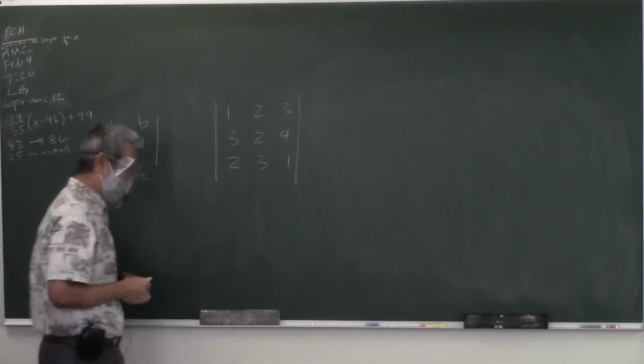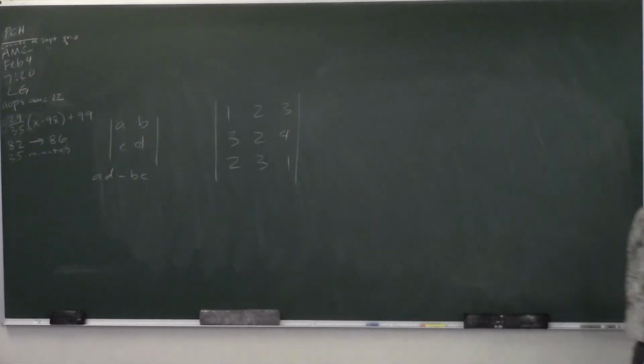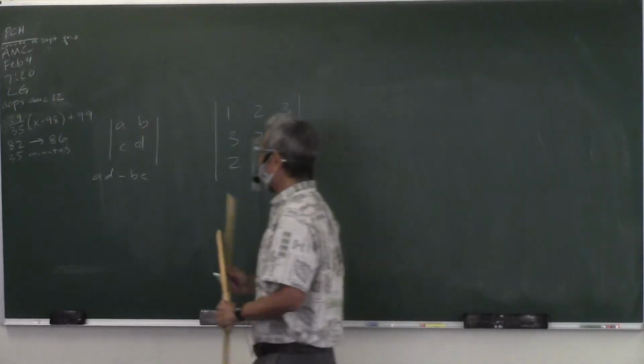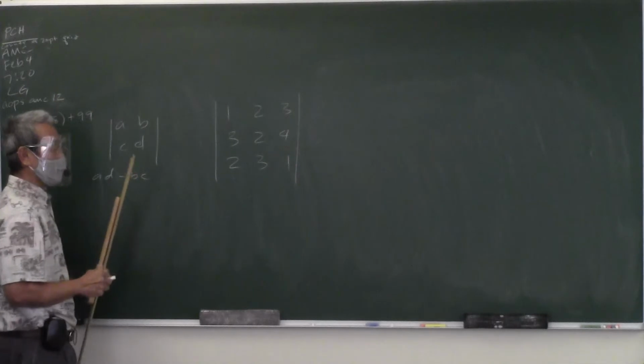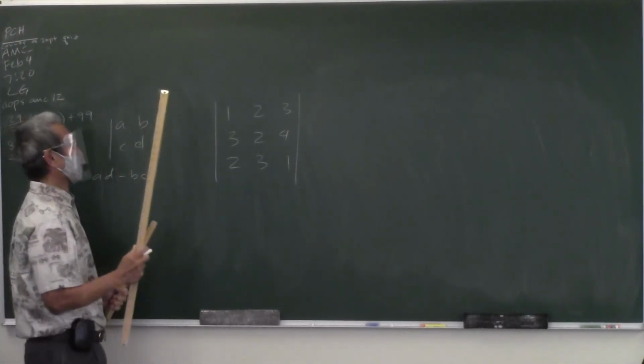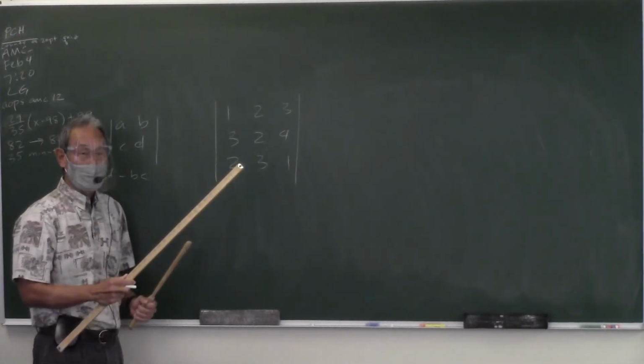I need my ruler here. I need 2 rulers, but I don't have 2 rulers. Just use this then. To compute the determinant of a 3 by 3, you pick any row or any column.